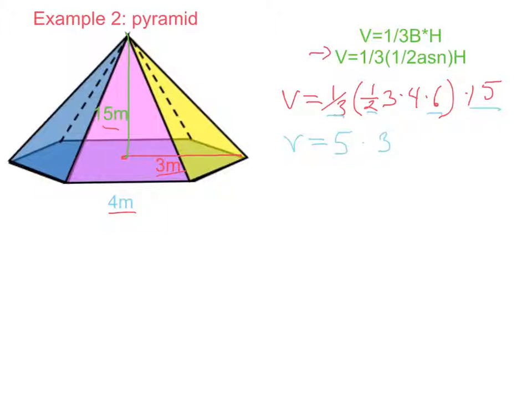And then 3 times 4. I know what that is. It's going to be 12. Alright, and then I'm going to simplify the much easier 5 times 3 times 12. And that all simplifies to 180. So V equals 180. Don't forget your units. It's meters, and this is volume, so it's cubed.